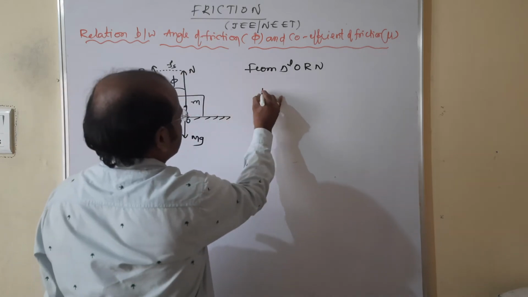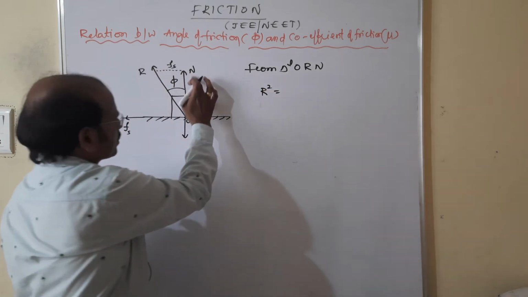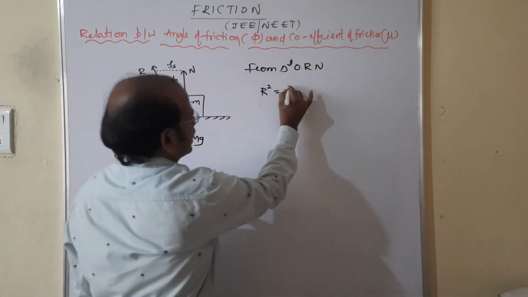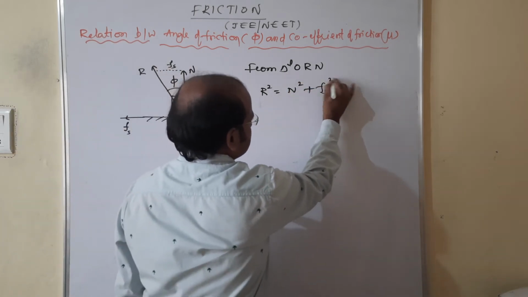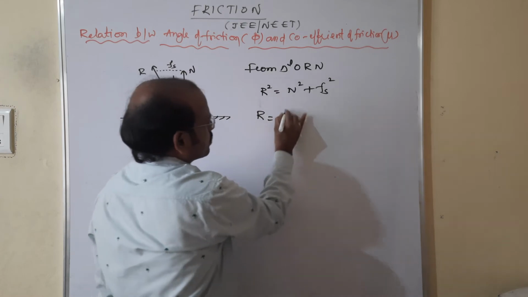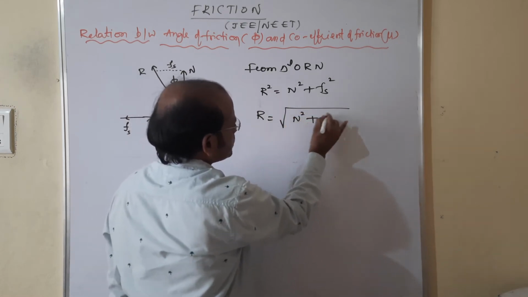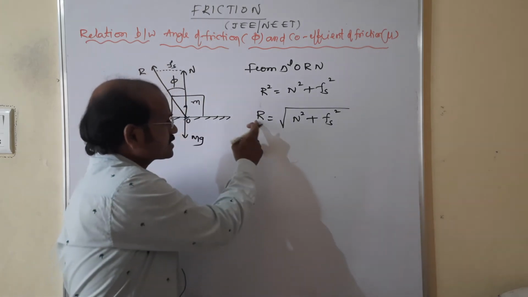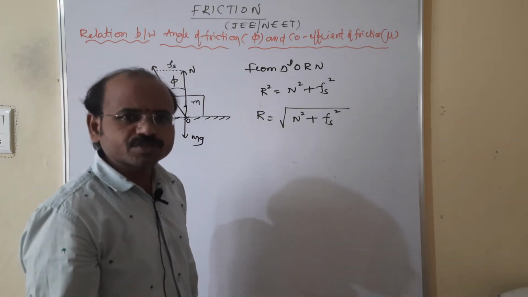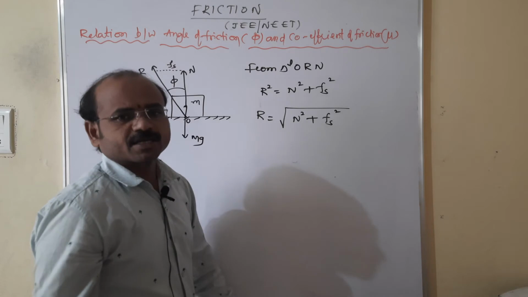So we can write directly capital R square is equal to N square, this is the normal, plus Fs square, this is the friction. Capital R is equal to root over N square plus Fs square. This we can call capital R, the contact force, or we can say it is the resultant force.